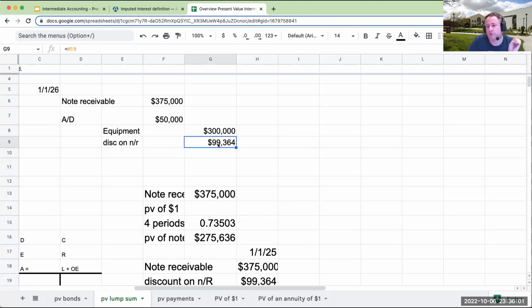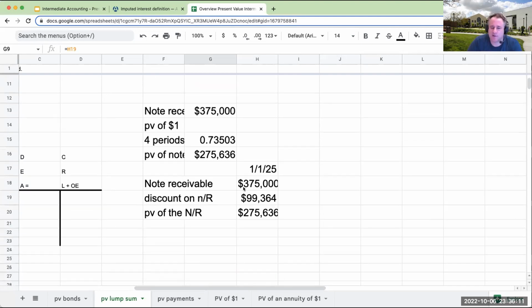So by doing this, I am effectively showing this note at its current present value. Why are we doing it this way? Because again, this is a 0 interest bearing note.